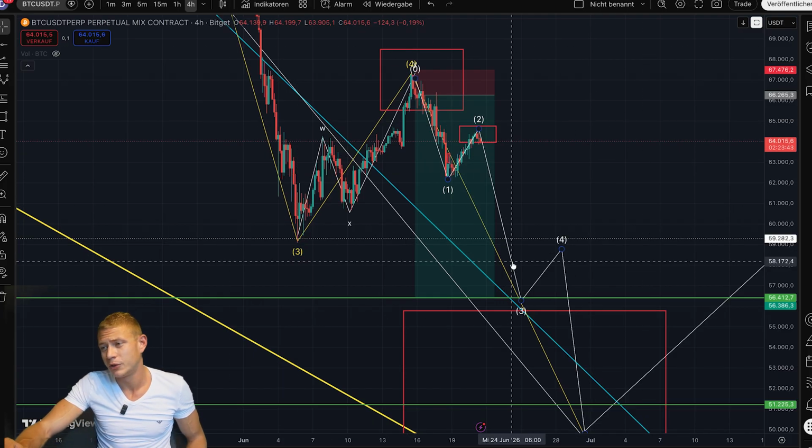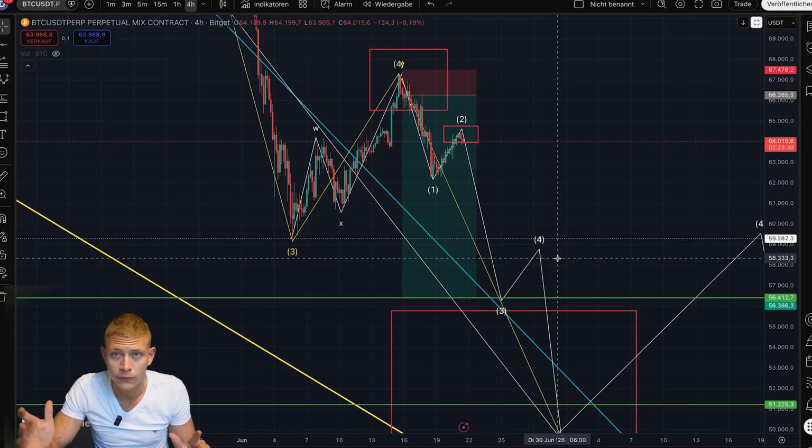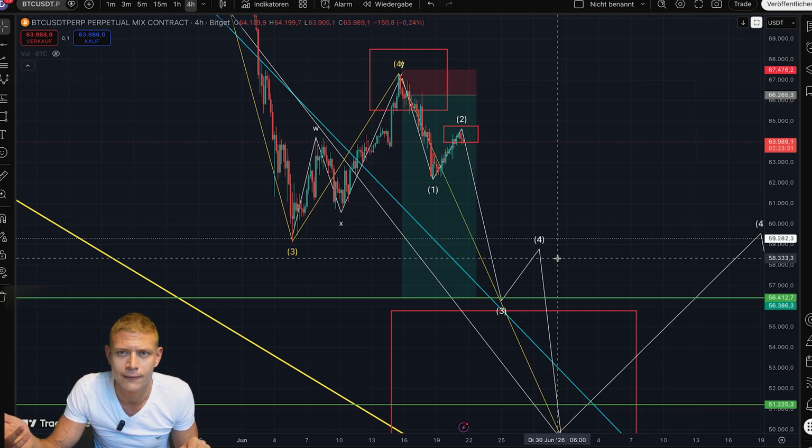First of all, for the people who don't know how to use indicators, there are hundreds of indicators. It makes no sense to use all of them, because most of them are not even accurate.